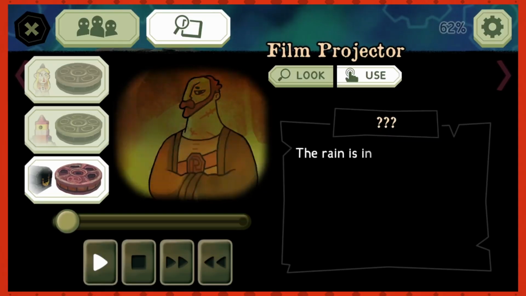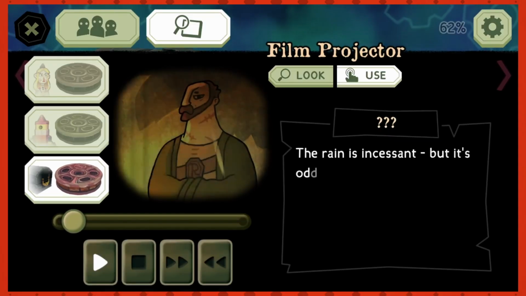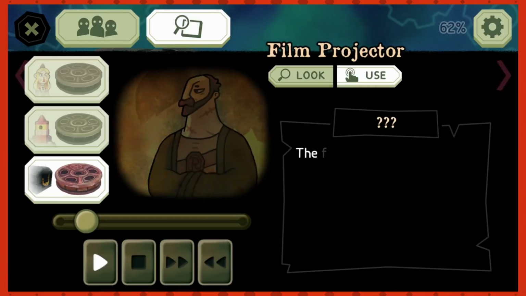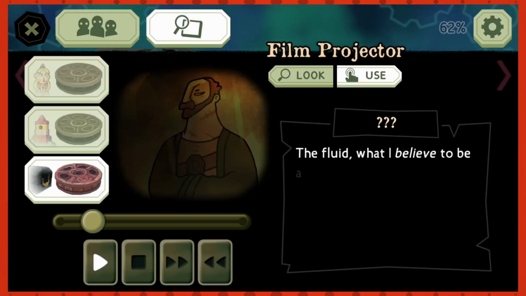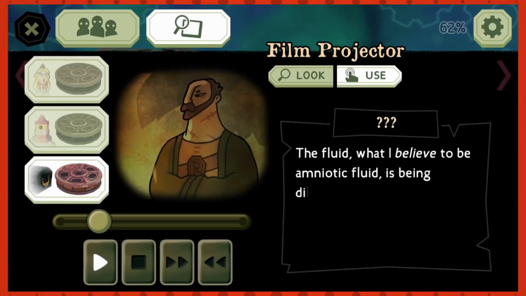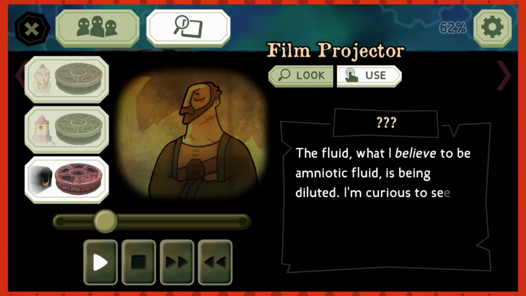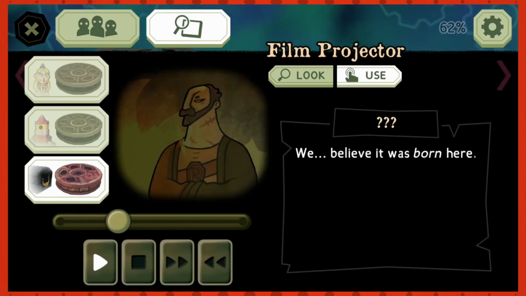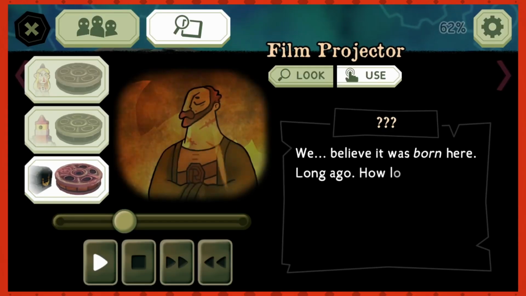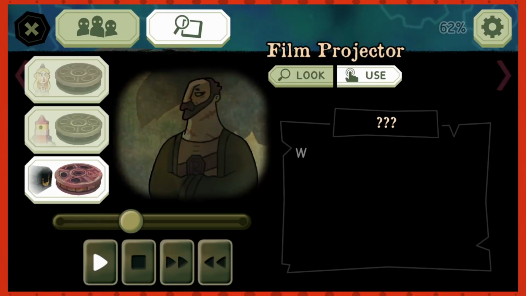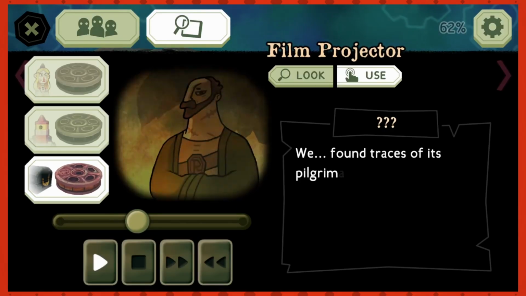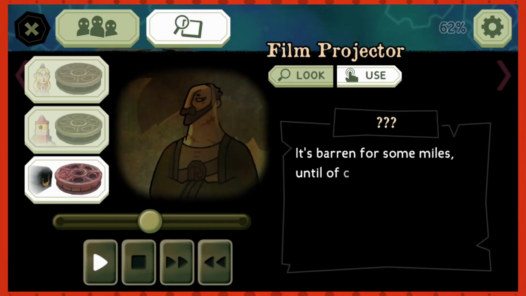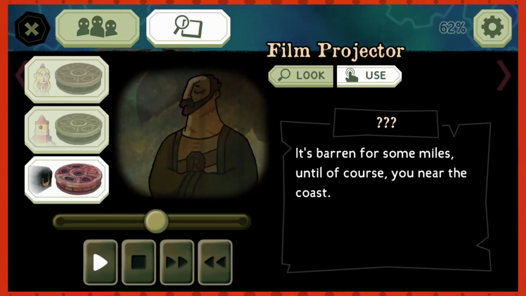The rain is incessant, but it's oddly localized, like a local biome. Fluid. What I believe to be amniotic fluid is being diluted. I'm curious to see what happens. We believe it was born here long ago. How long, I cannot say. We found traces of its pilgrimage to the south. It's barren for some miles until, of course, you near the coast.